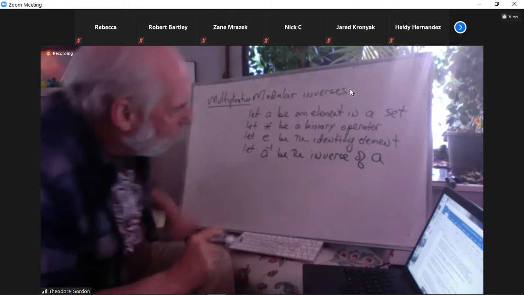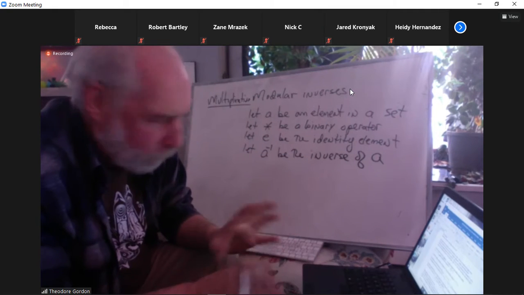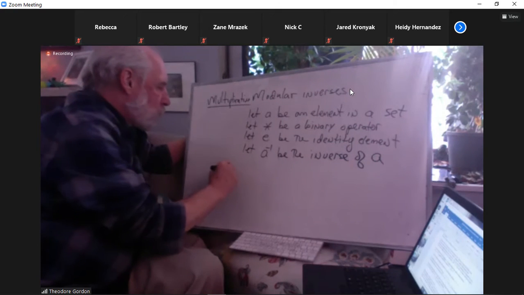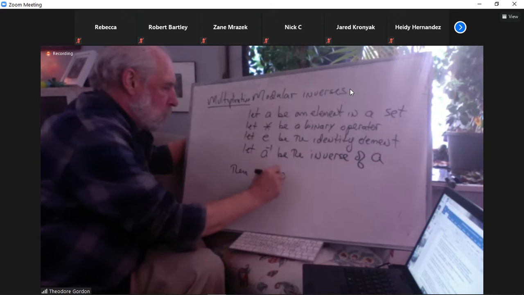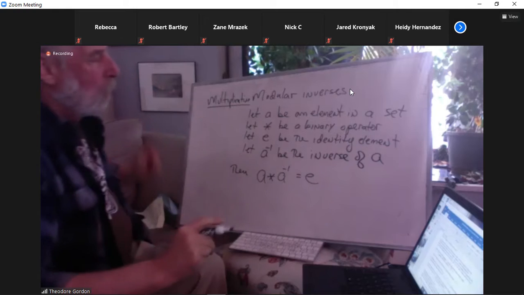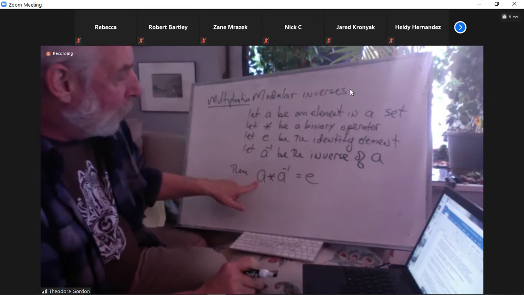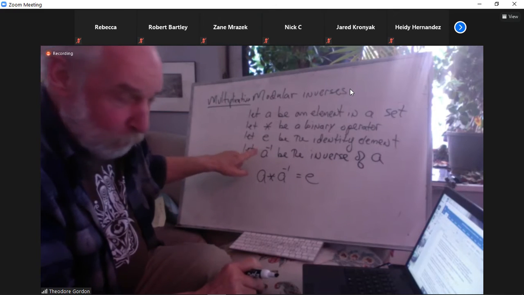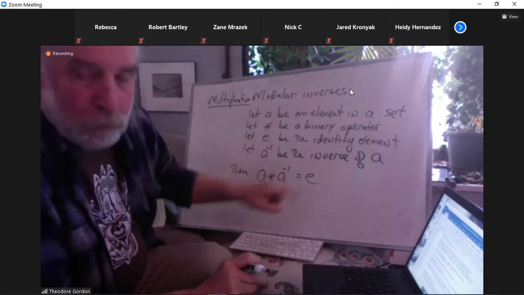So again, the word multiplicative goes in front of here, but I'm not writing it because we're going to have a more generic thing. So that's the definition of an inverse. You have an element, and assuming the existence of the multiplicative inverse, then A times A inverse equals E.